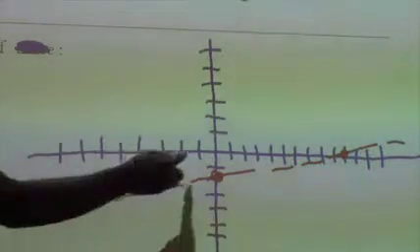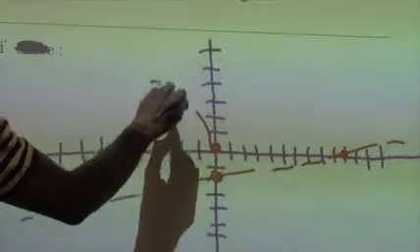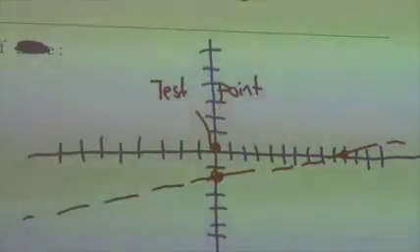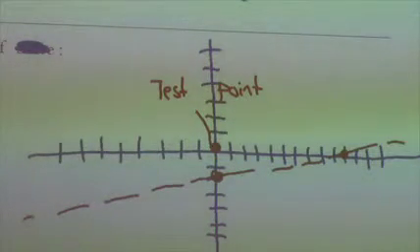Now we must take a test point again because 0, 0 is not on our line. 0, 0 is a very good test point. We can use another point, but I'm going to stick to 0, 0 because it works fine for us. So now I'm going to substitute 0, 0 into this equation.